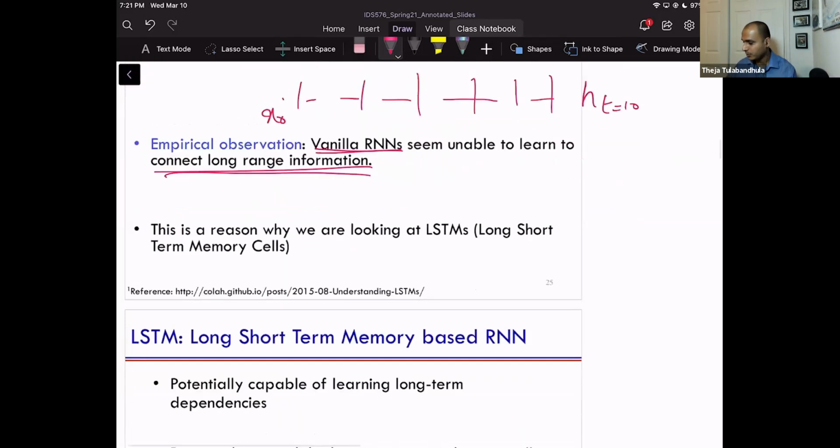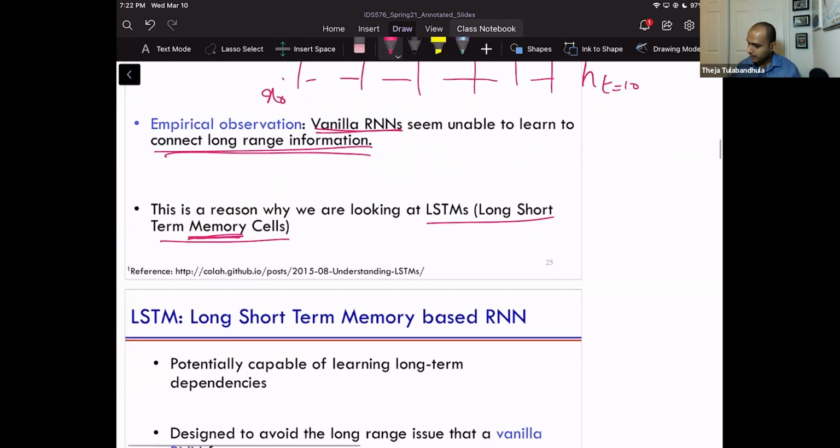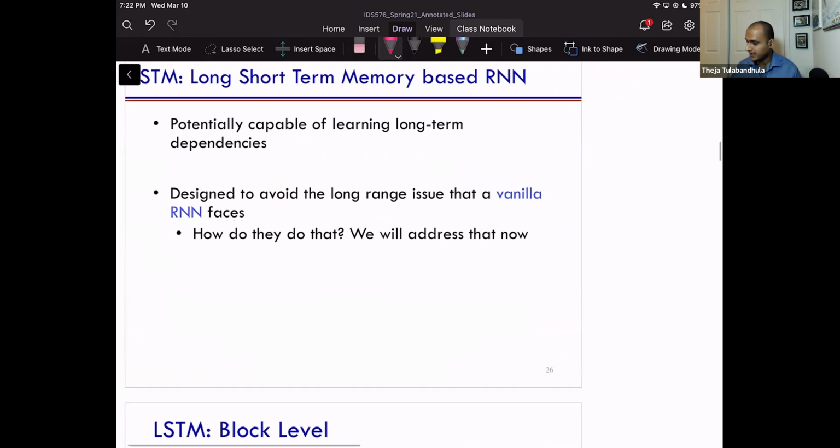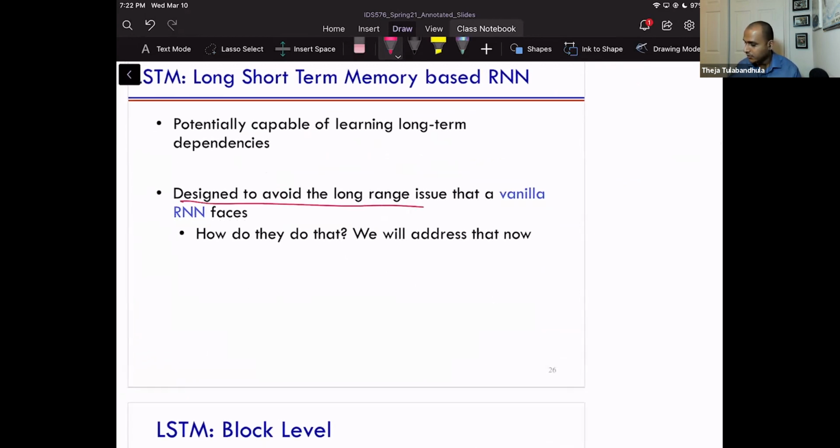That's why folks introduced a new block called LSTM, long short-term memory cells. There's no memory as such. It's just a function, very similar to tanh of Wx plus b, but a slightly more involved function. Although there are points here saying this is designed to avoid the long-range issue that a vanilla RNN faces, we'll see the architecture and that will become more clear.